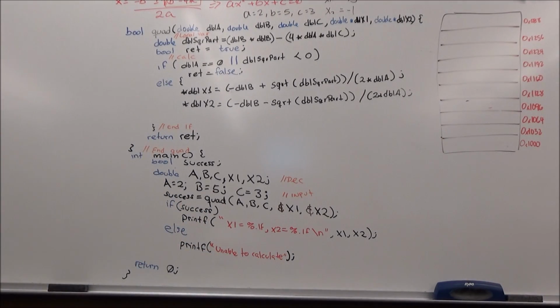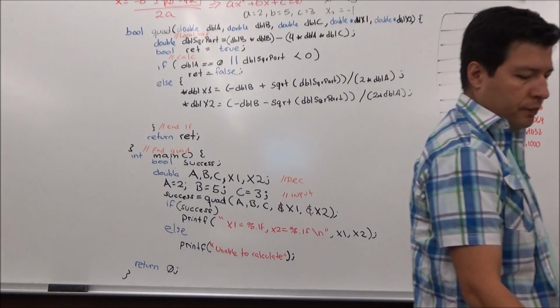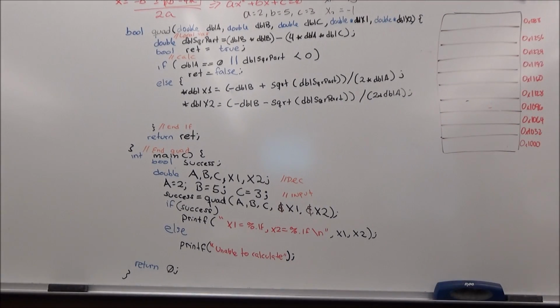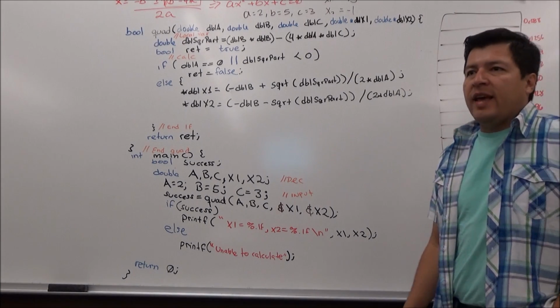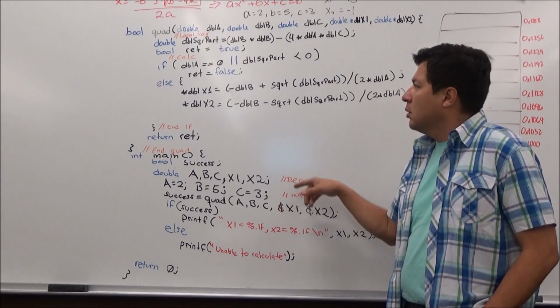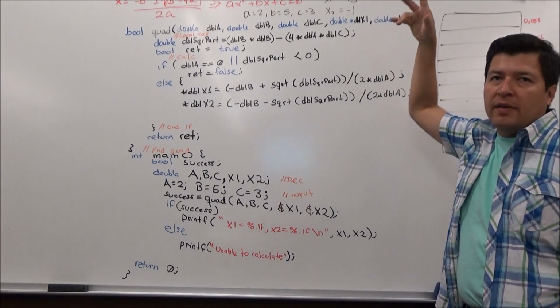So look at my main, it's very short. And that should work. So this is the same way as the scanf works. You pass the address. Basically the scanf has a pointer.